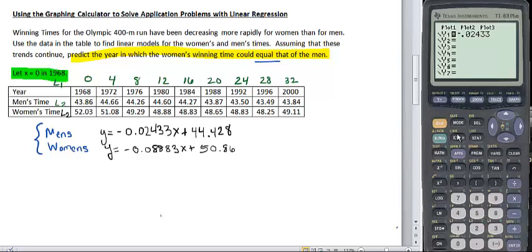X is up here if you're looking for it. And then go down and hit Y2 to enter in your second equation for the women's times.